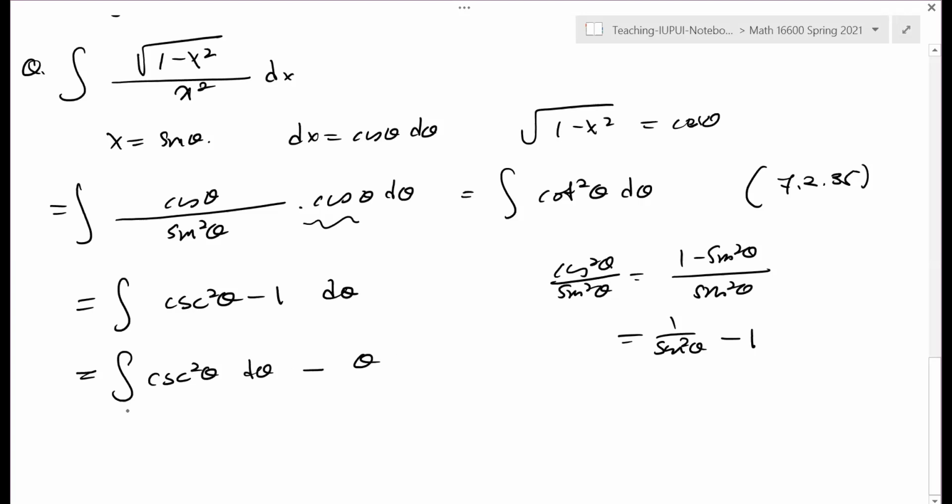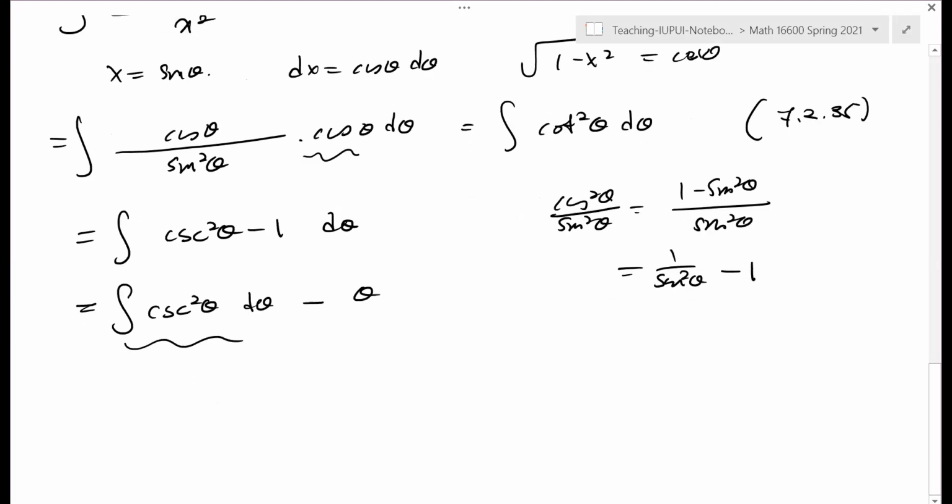All right, now what is the antiderivative of the cosecant square theta? The derivative of cotangent theta is going to be negative cosecant square theta, and the derivative of tangent theta is going to be secant square theta.